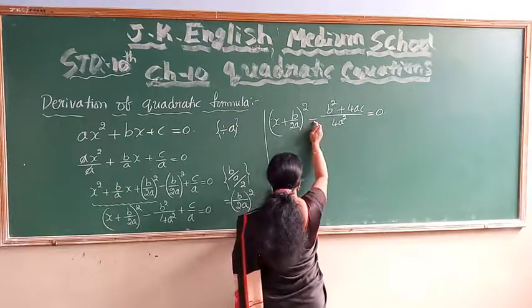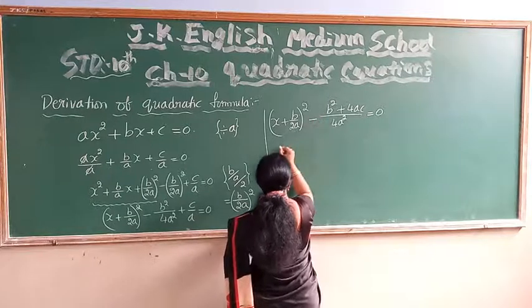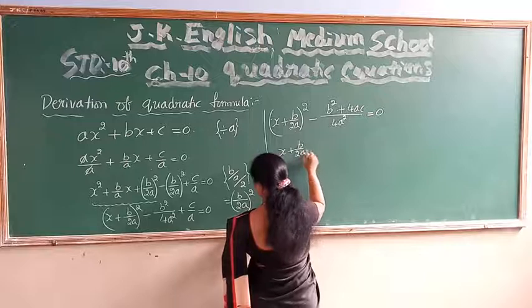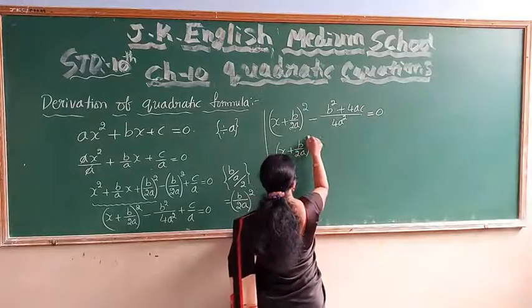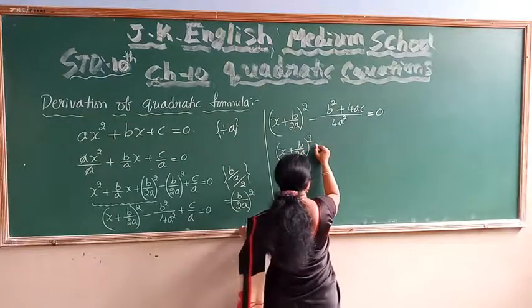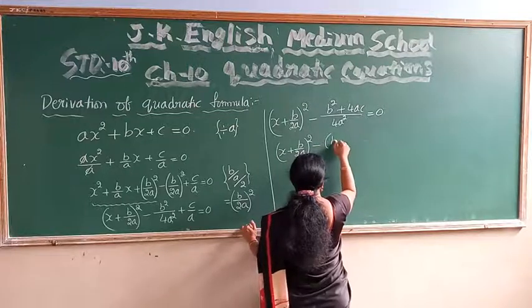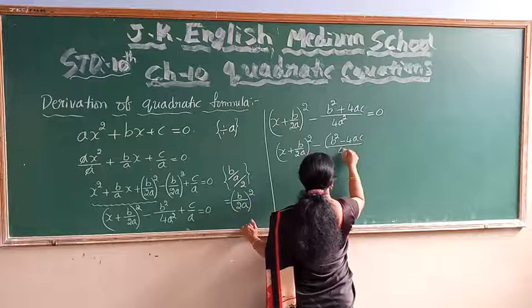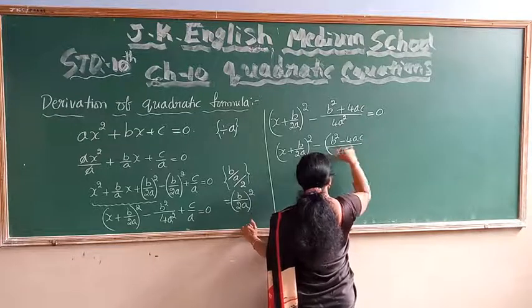Or if I take the minus sign common, it becomes x plus b by 2a whole square. So now you take the minus sign common for both, then b square minus 4ac divided by 4a square is equal to 0.